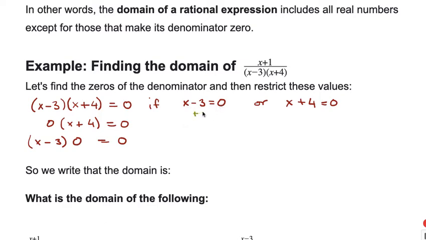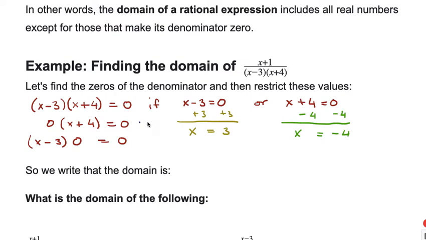If we add 3 to both sides, we get x equals 3. So if x equals 3, that is a value we cannot use. For the second one, if we subtract 4 from both sides, we get x equals negative 4. So here are our two values.